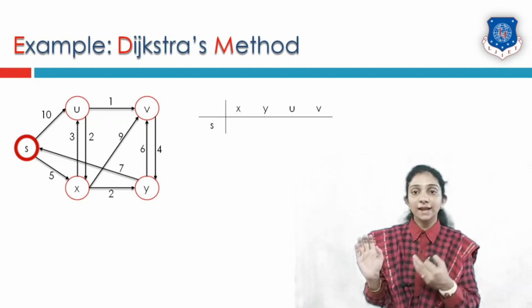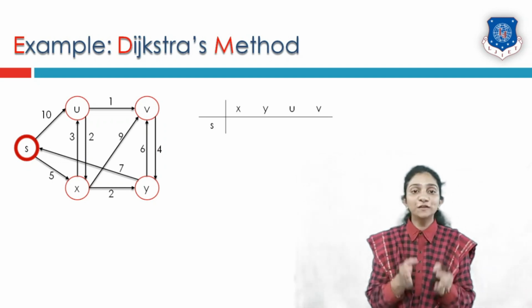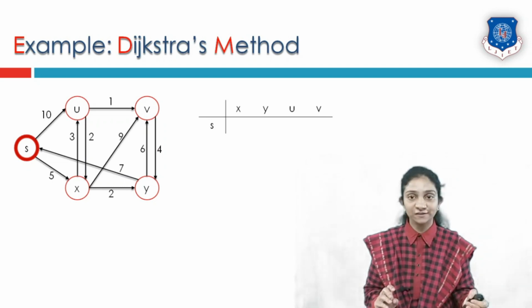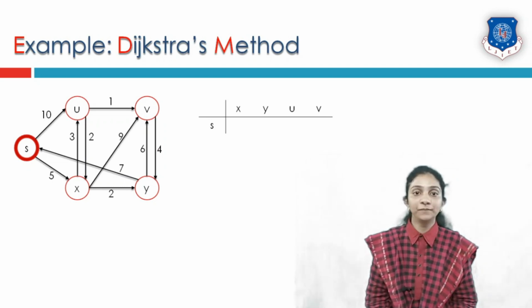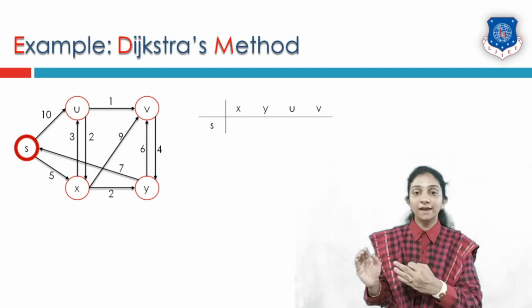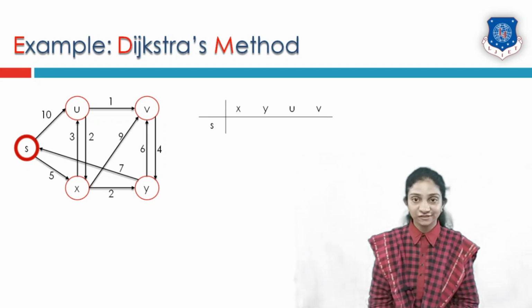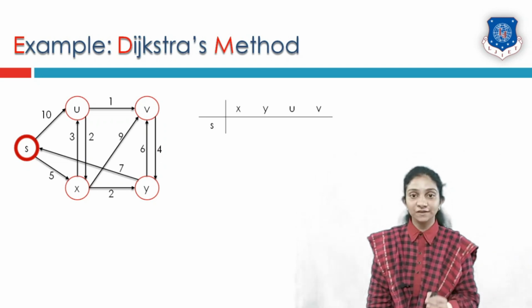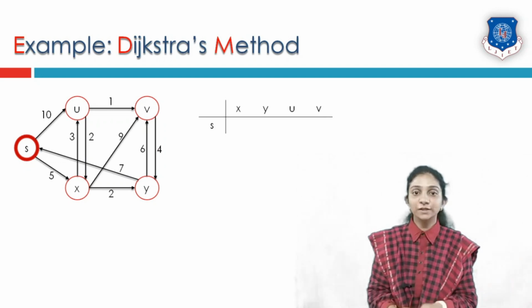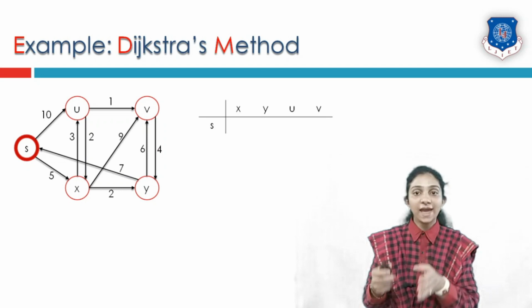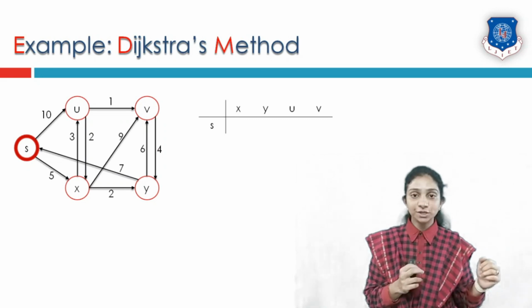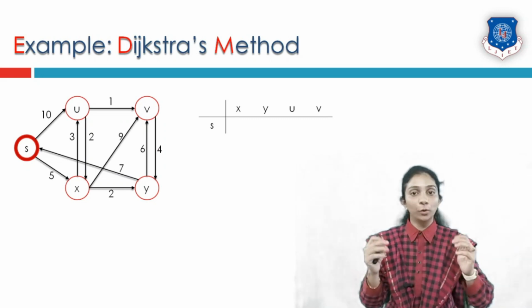For that purpose, let us make a table in which the source vertex is the first row and all other destination vertices are the columns. Here the source is vertex S, which is why my first row is named S. There are 4 remaining vertices taken as destination vertices, namely X, Y, U and V, so there are 4 columns.